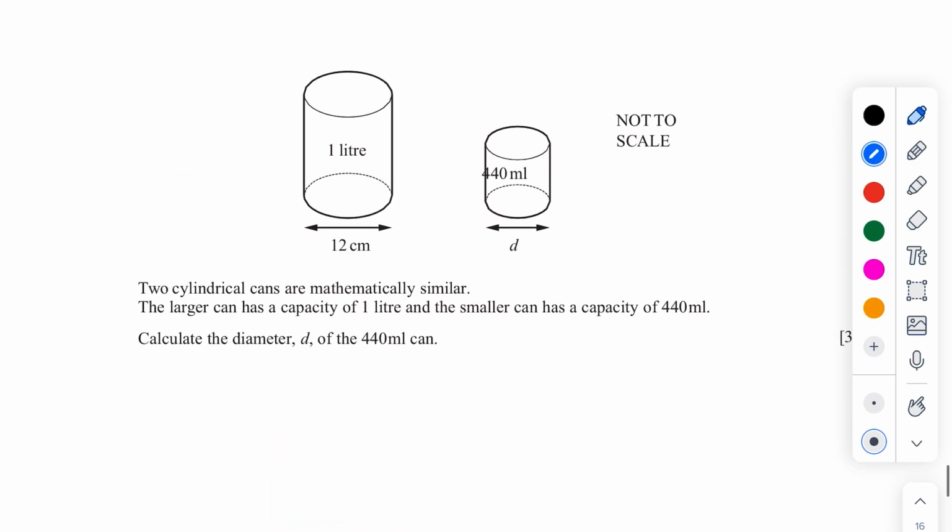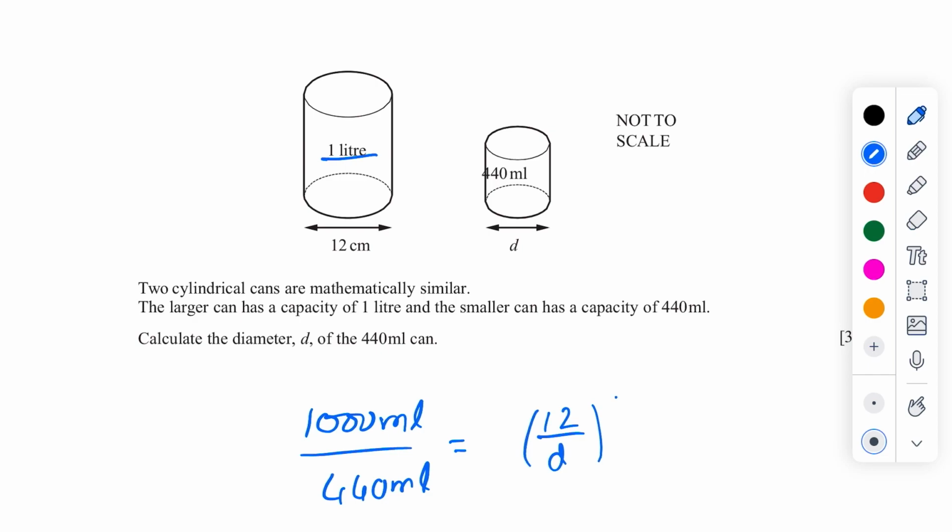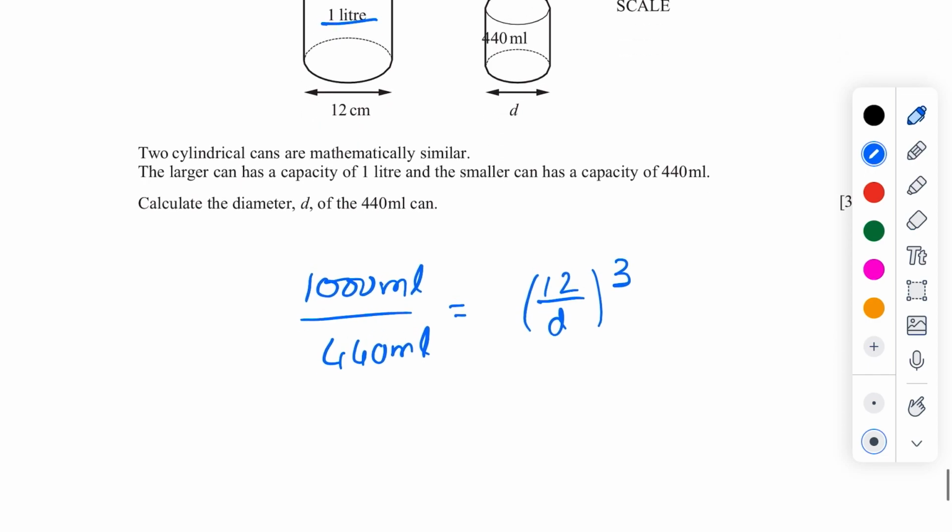Question number 18. Calculate the value of the diameter d. 1 liter means 1000 ml. 1000 ml upon 440 ml. You have to keep the unit same. Equals 12 divided by d, whole cube. So again, cube becomes cube root.